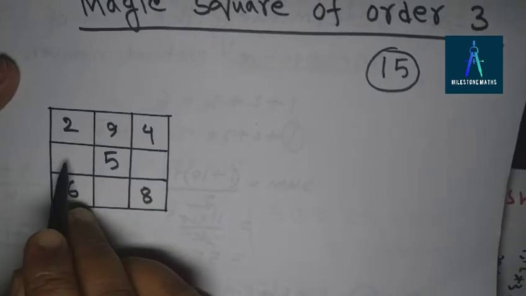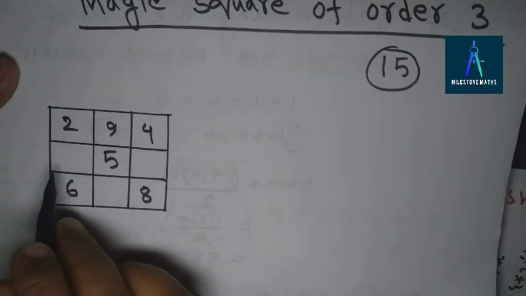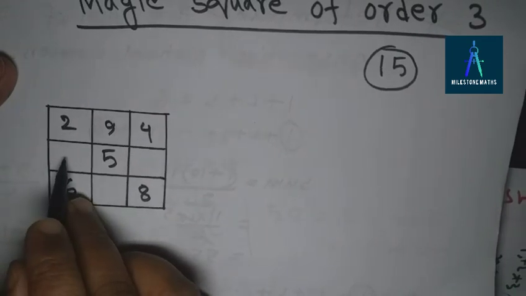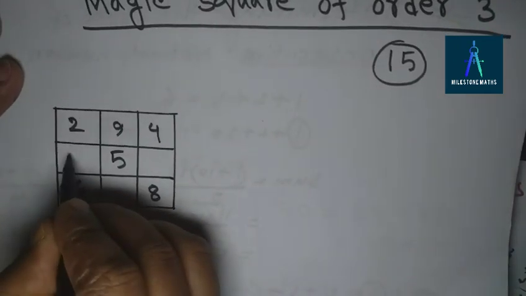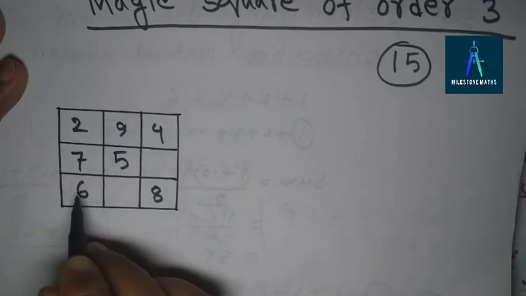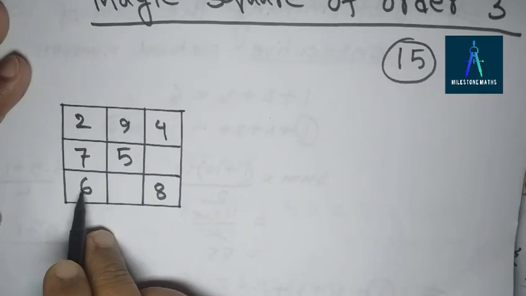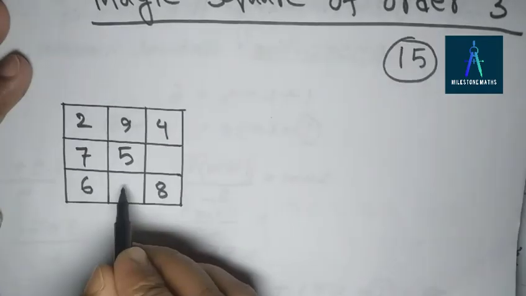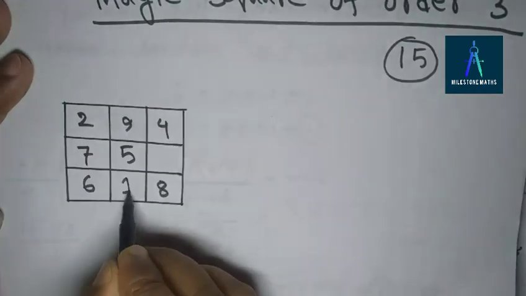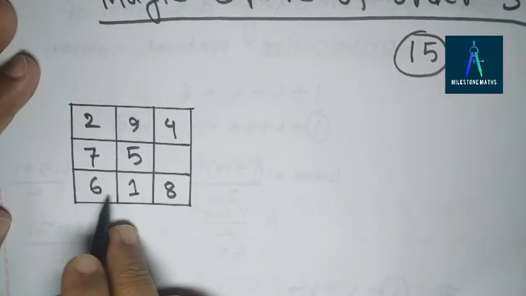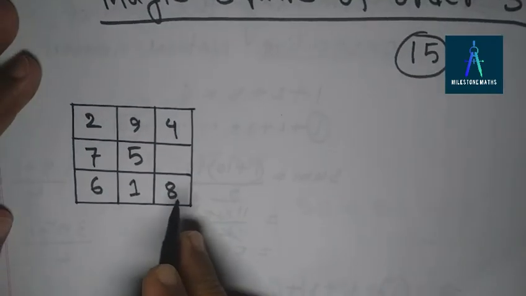Now another room here. 6 plus 2 is 8. Which number will I put here? 7. Then it will be 15. Another room is here. 8 plus 6 is 14. So if we put here 1, then this line sum will be 15.